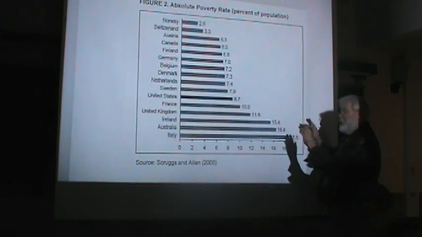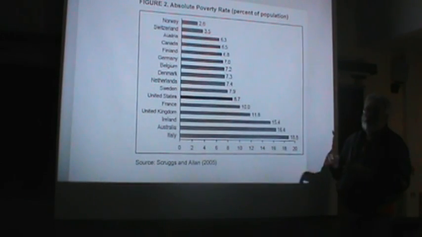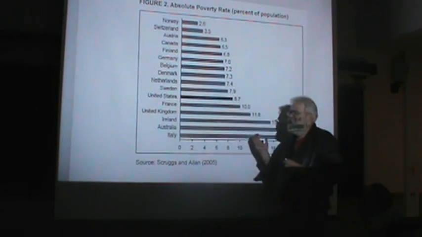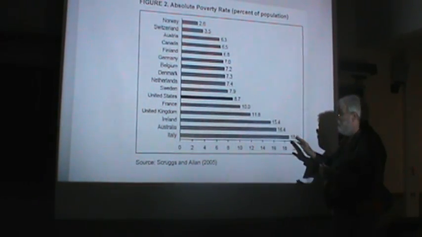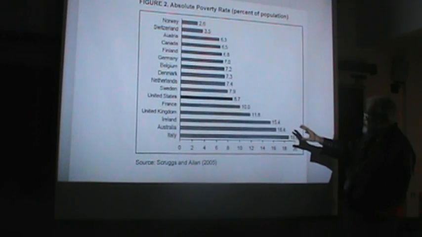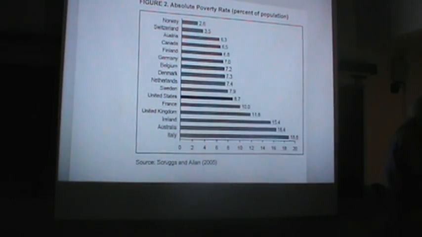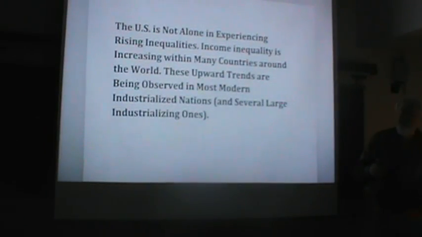And bear in mind, this is data from the mid-2000s, long before the financial crisis caused so many problems in Southern Europe. So even back when Italy was doing a lot better, poor people in Italy had incomes that were significantly lower than poor people living in the United States. So by that comparison, the United States maybe looks quite a bit better.